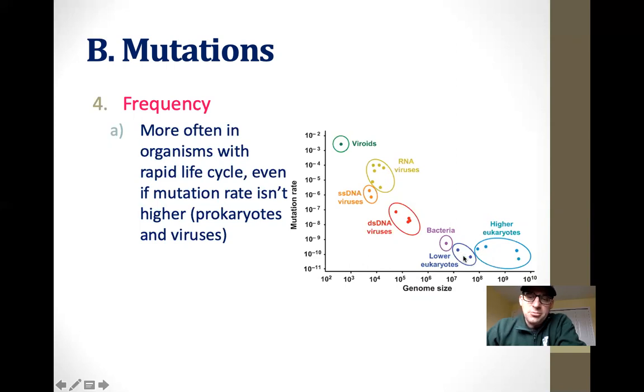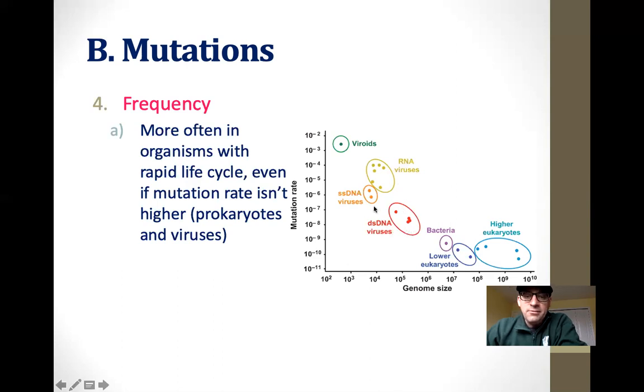Lower eukaryotes, this would be like Saccharomyces cerevisiae, the yeast would fall into this lower eukaryote group. They have a little bit smaller genome size, but really the mutation rate's pretty similar. Bacteria have a slightly higher mutation rate, but not really much more than higher and lower eukaryotes here, but because they will go through so many generations so much more rapidly, mutations do build up in a shorter period of time within a bacterial population.